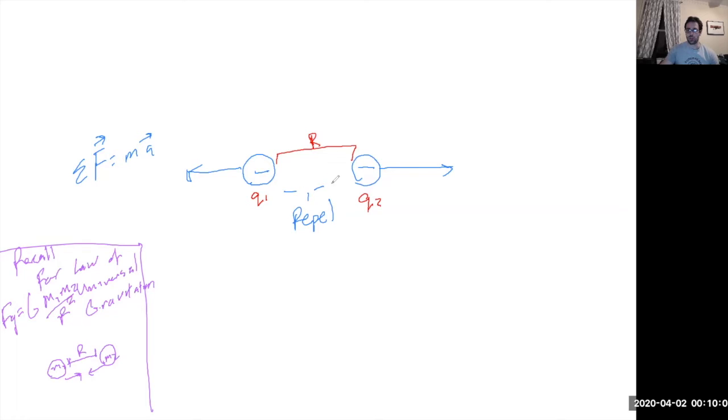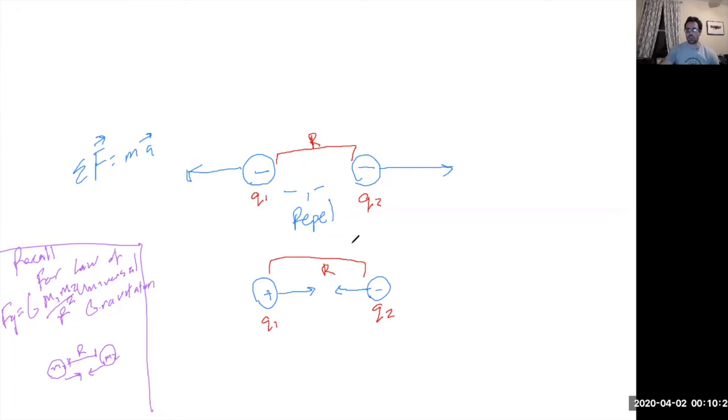Here we have two charges that are either repelling or attracting, depending on the situation. For example, I could also have this situation where I have a positive and a negative, and the forces are pulling them inward, and they are still a distance r apart with charges q1 and q2.